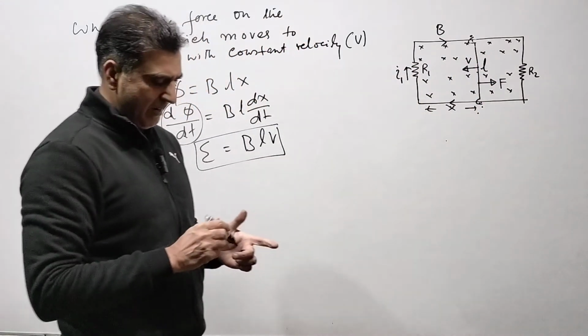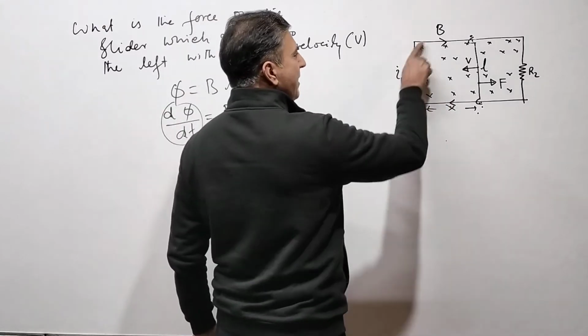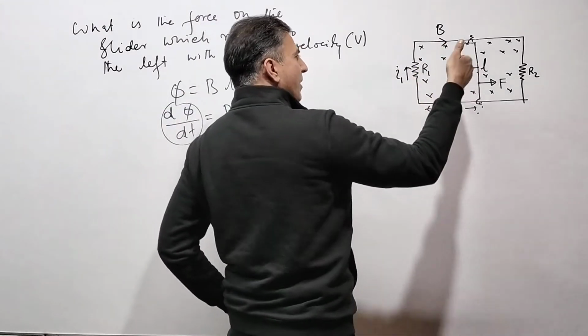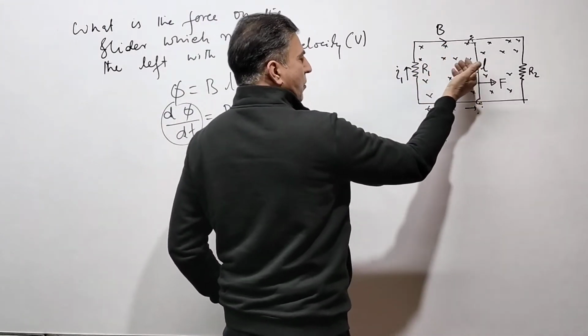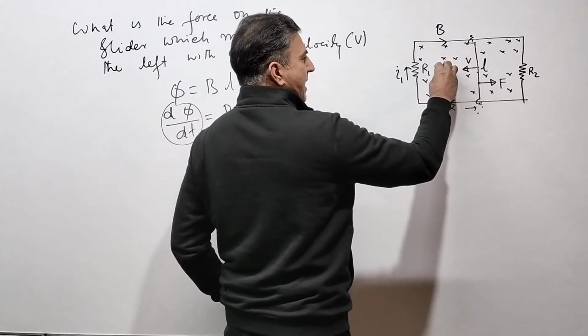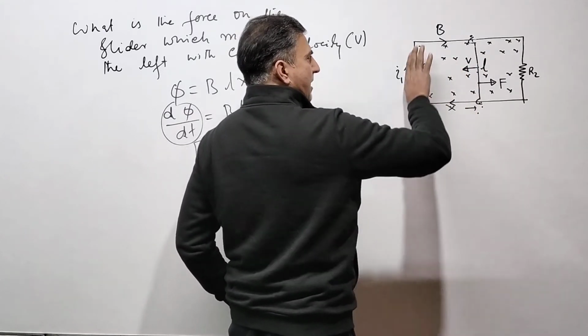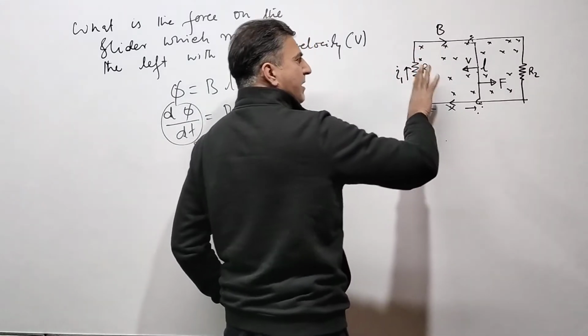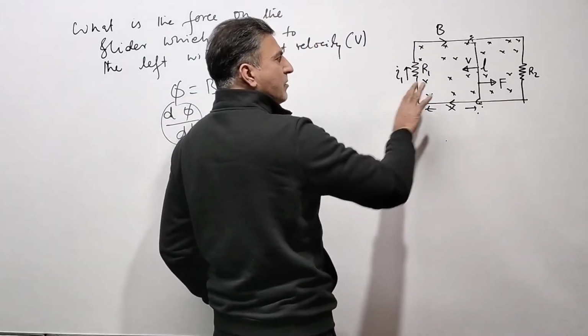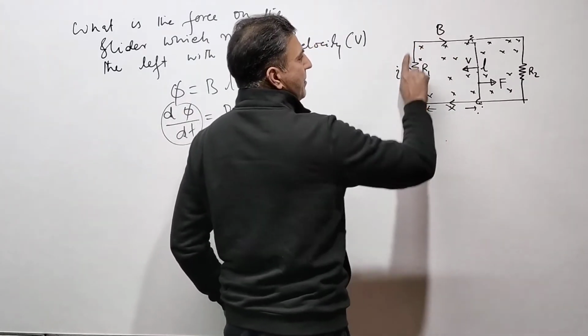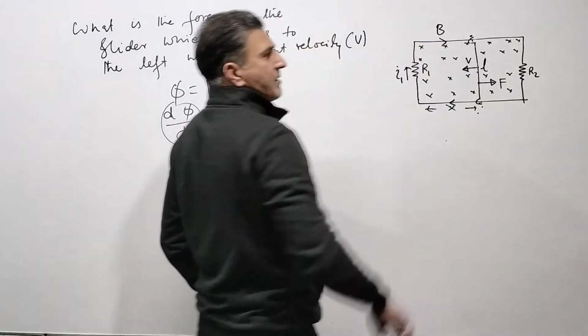That's how we find the direction of the current. The current is in such a way as to oppose the change. The flux is inwards, the slider goes to the left, the flux inside tends to decrease, so this current will tend to increase that flux, or will try to keep that flux constant. The current should be such, so the current has to be anti-clockwise.